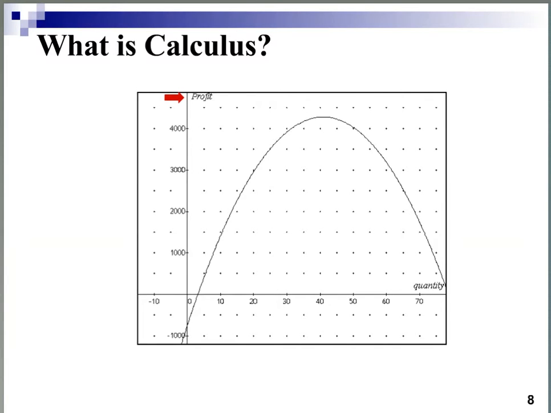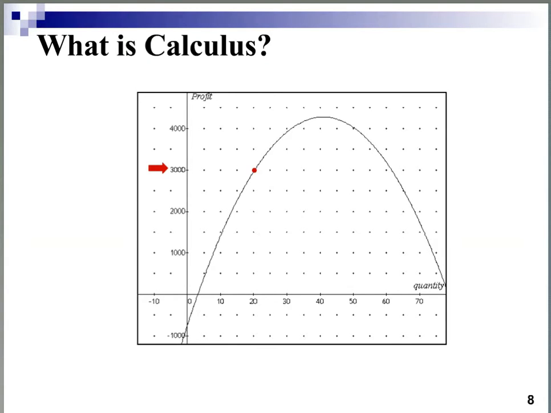Let's take a look at a particular point on the curve, let's say when 20 items have been sold and produced. Down here on the horizontal axis, you can see there's 20 items that are sold and produced. And this graph tells us very clearly by looking over at the vertical axis that when we produce 20 items, we will make about $3,000 in profit.